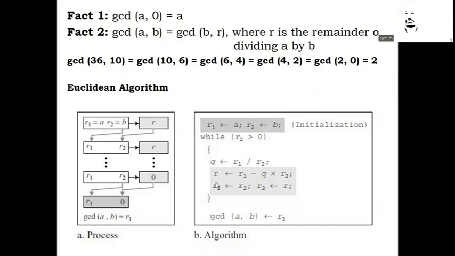That is, we'll take the coefficient, and we'll take R equal to R1 minus Q into R2. And we take R1, that is, the first argument.